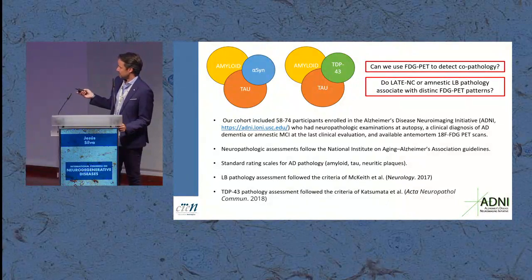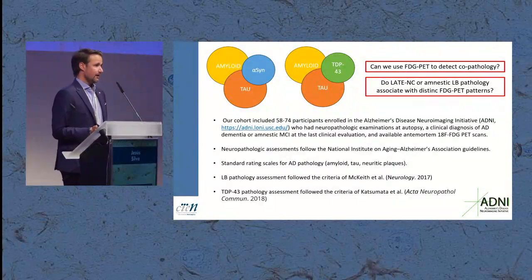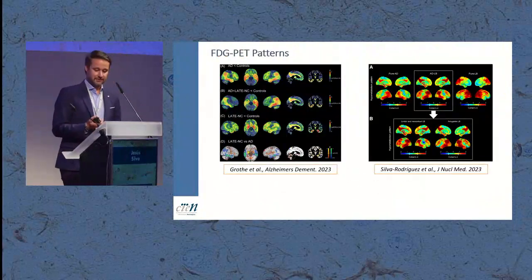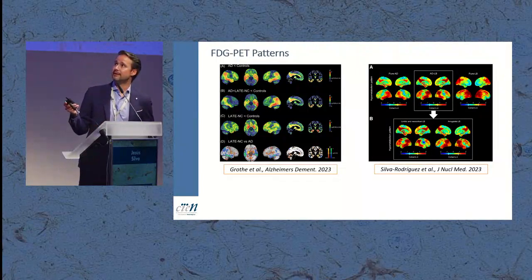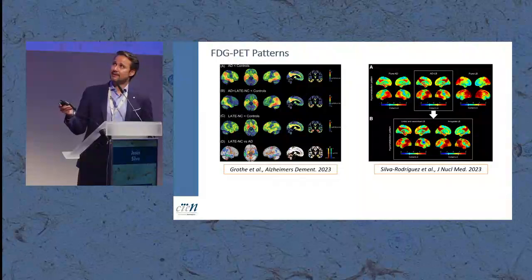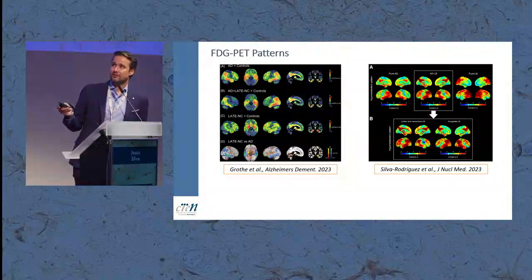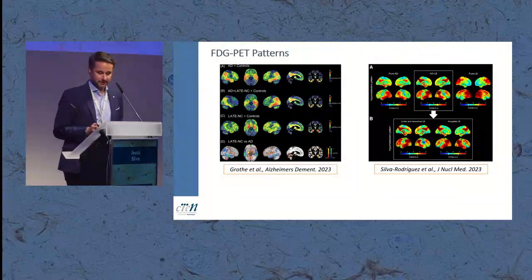And they have been staged for AD, Lewy body pathology, and also TDP-43. And for each of the pathologies, we have staged our neuropathological cases in pure AD, AD plus LATE or AD plus Lewy body pathology, and isolated LATE pathology and pure Lewy body pathology.